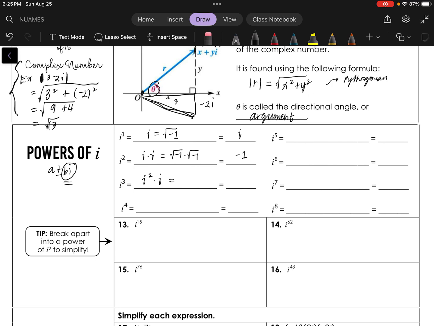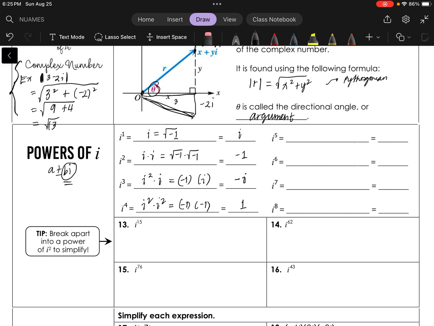We solved for i squared earlier, and we know that that's just negative 1, and i is just i. So therefore, when we multiply these two, we know that i cubed will give you a negative i. i to the fourth is a combination of i squared times i squared. We know that i squared just gives you negative 1 times negative 1. So you end up having 1 for i to the fourth.